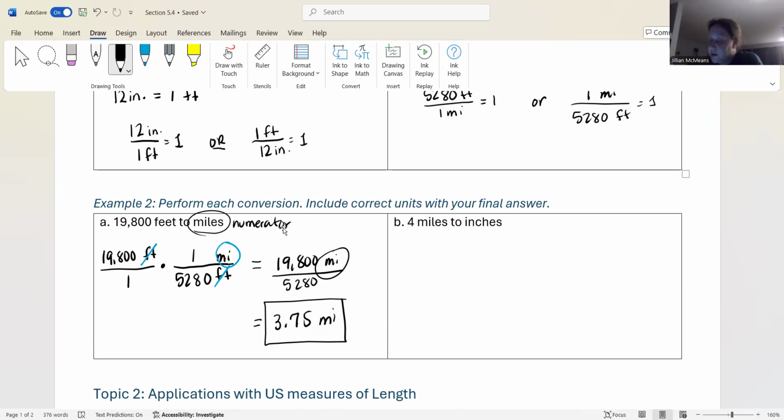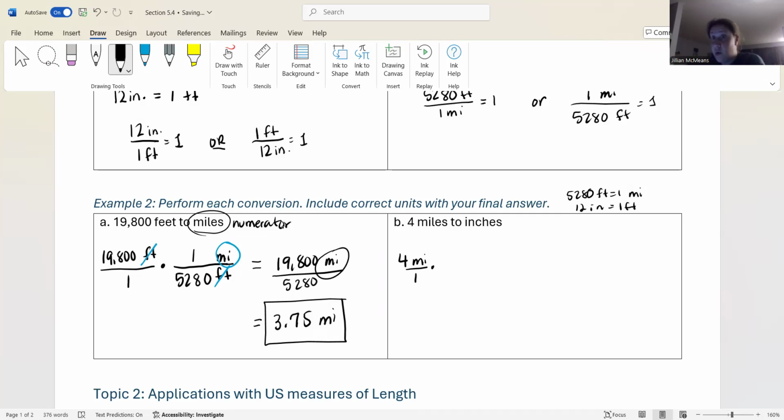So let's think about what this is going to look like. We have 4 miles over 1, okay? Now, I need to convert miles to inches, but I don't know a way to convert miles to inches. So far, I know there are 5,280 feet in 1 mile, and I know there are 12 inches in 1 foot, but that gives me 2 unit fractions that I can use.